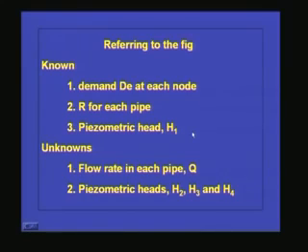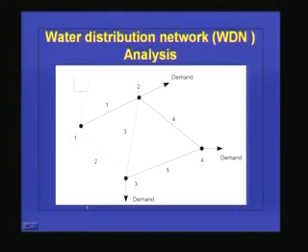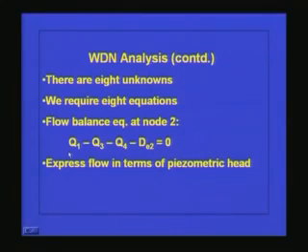So H1 is also known. What are the unknowns? I need to know the flow rate in each pipe, that is Q, and the piezometric heads H2, H3 and H4. You look at this figure: H2, H3 and H4 I need to find out. Q1, Q2, Q3, Q4 and Q5 also I need to find out.